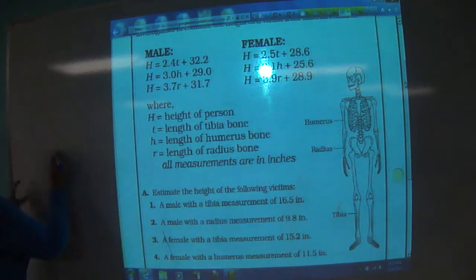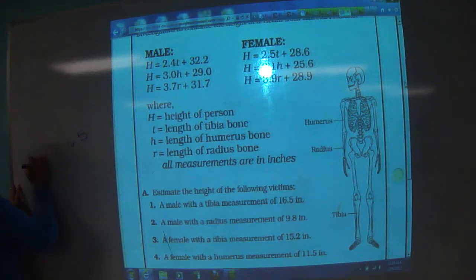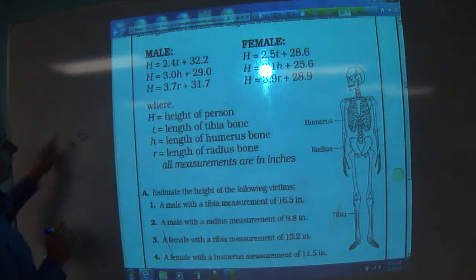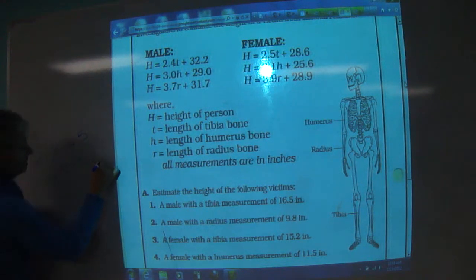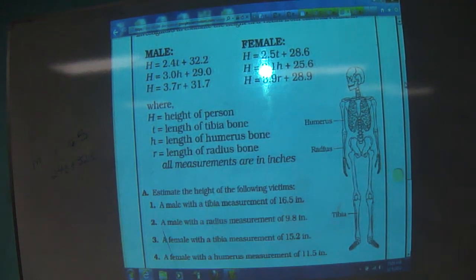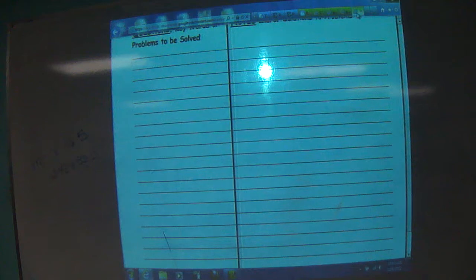So if we have a tibia of 16.5, I'm just going to make some notes over here. For a male, the height is 2.4 times the tibia plus 32.2. Now I'm going to go to my Cornell note paper, which you're all using religiously. Remember, you can't turn in an assignment without showing me.